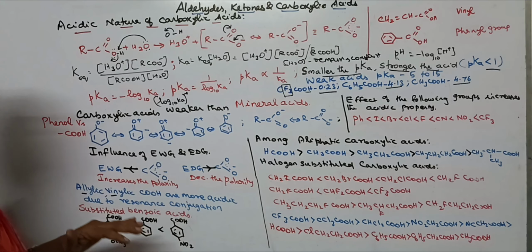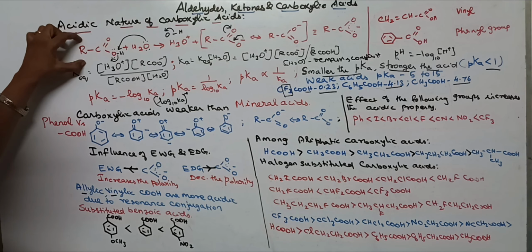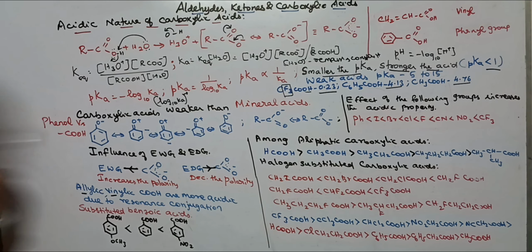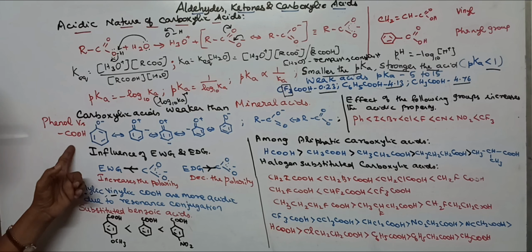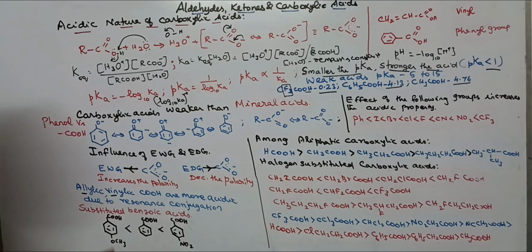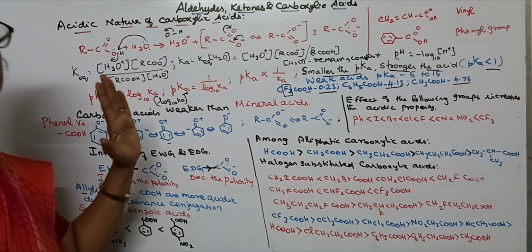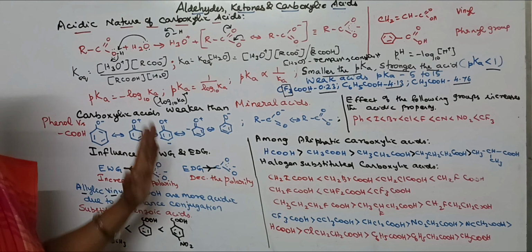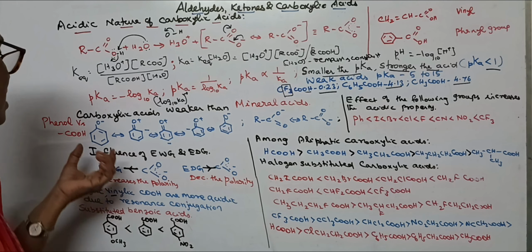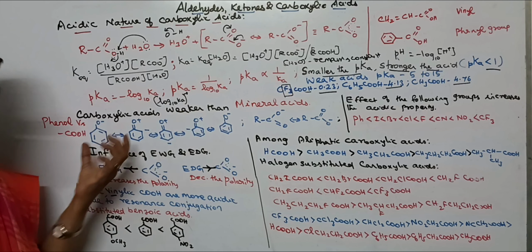Now let us compare the acidic nature of carboxylic acids with phenol. So, phenol versus carboxylic acid. We know well that phenol is also able to lose the proton with a strong electropositive metal or with sodium hydroxide, and we will get the sodium phenoxide ion.